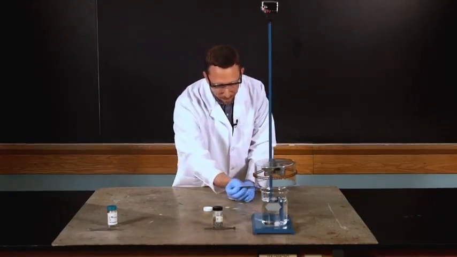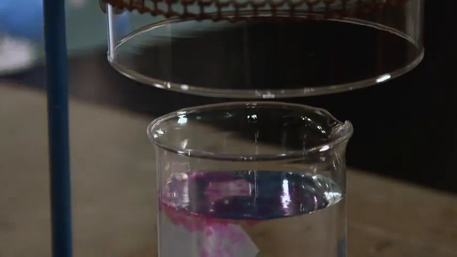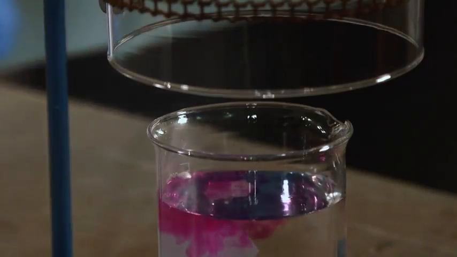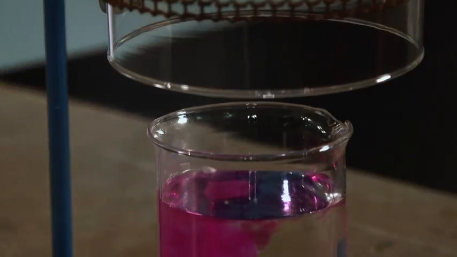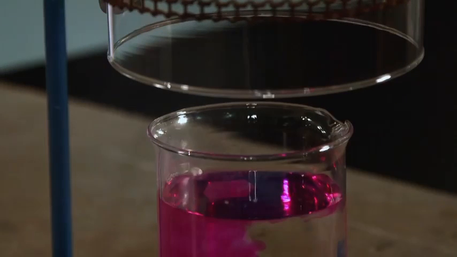Here we go. Now here you can see that the reaction is going more vigorously. In fact, so vigorously that the heat it generates has melted the sodium metal, and it's now a little ball of sodium metal dancing around on the surface of the water.